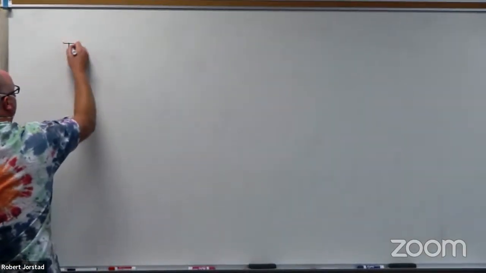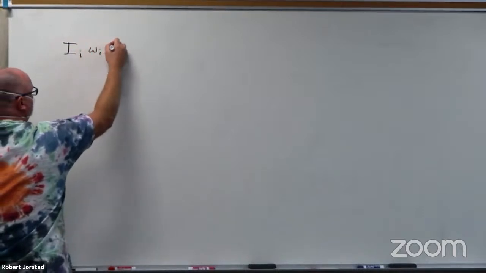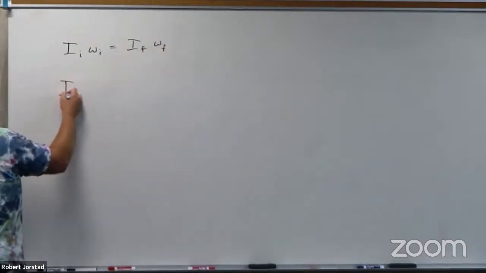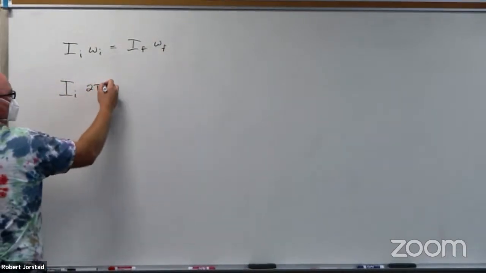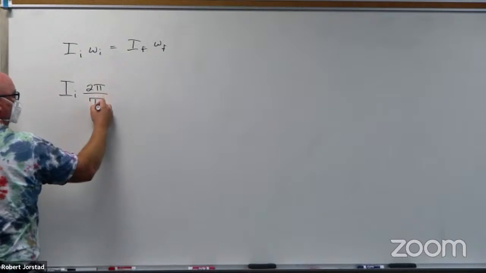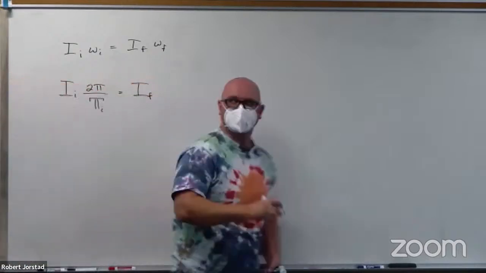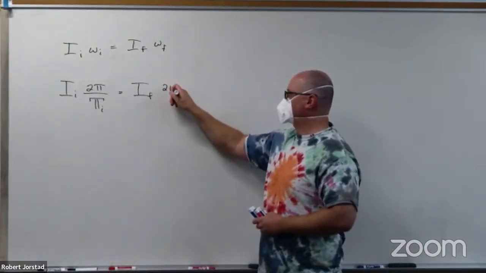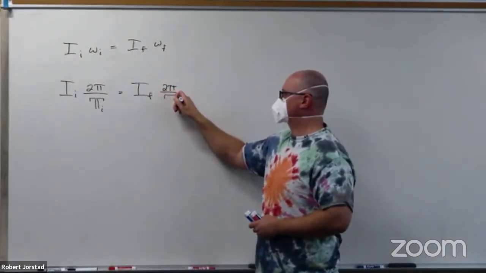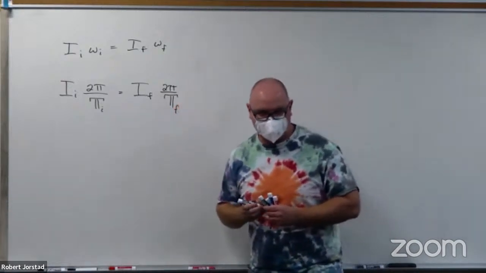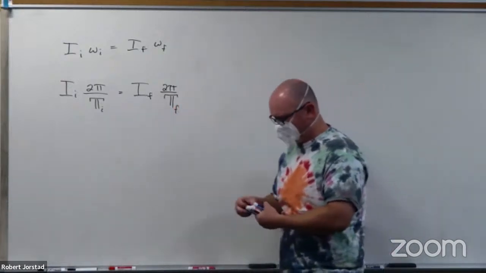All right, so we said I initial, omega initial. Why don't we use our cool new relationship? This is 2 pi over the period initial times 2 pi over the period final. So if we're going to work in terms of the period, we could rewrite this equation at the beginning in terms of the period.